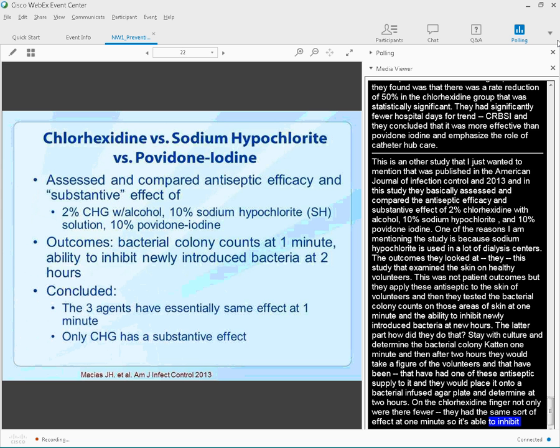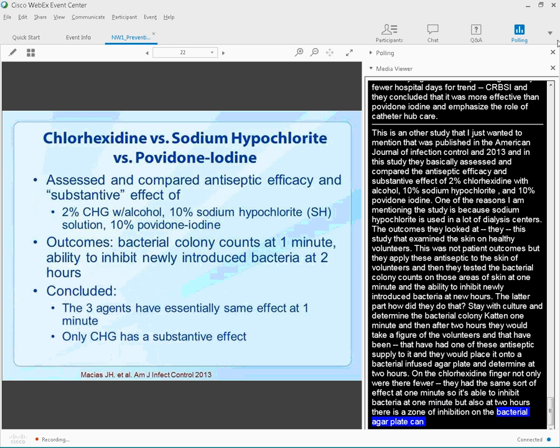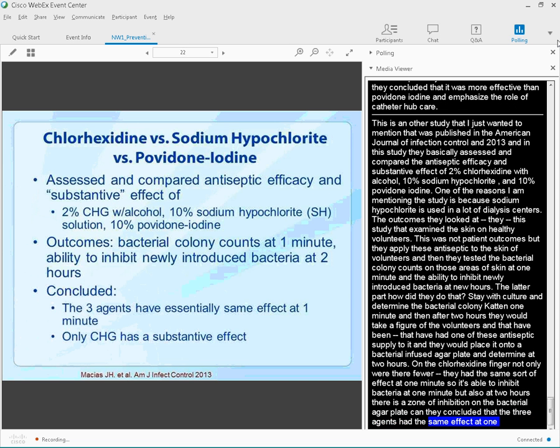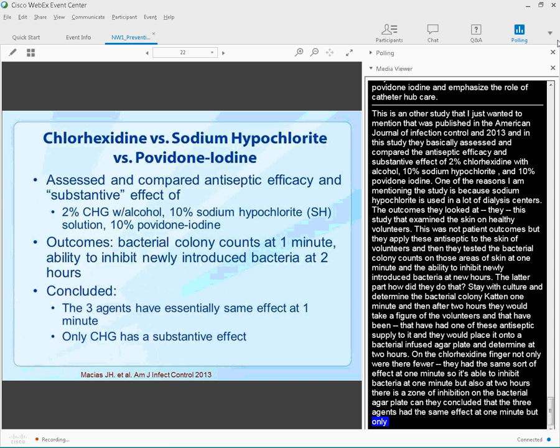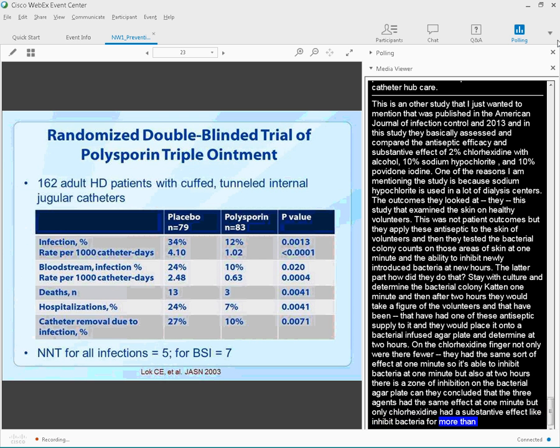So they concluded that the three agents essentially have the same effect at 1 minute, but only chlorhexidine has a substantive effect where it can actually inhibit newly introduced bacteria for a period of hours after its application. So that's one of the unique properties of chlorhexidine compared to these other anesthetics, and again helps explain why it's preferentially recommended for use at the catheter exit site.